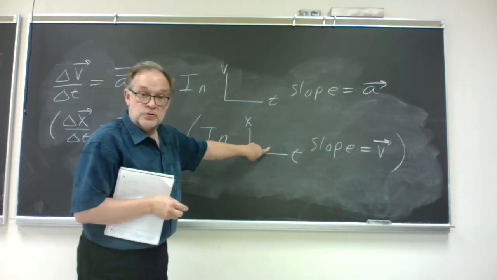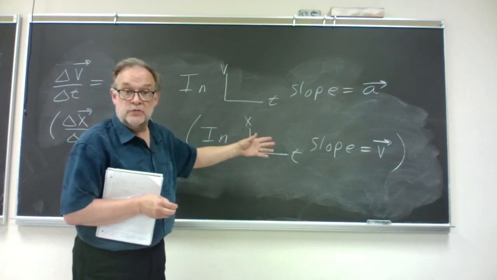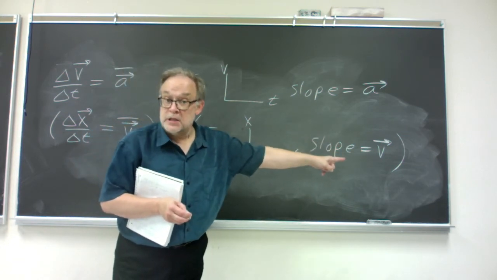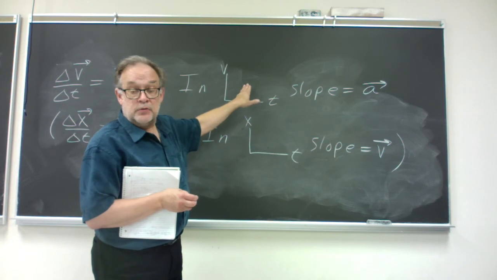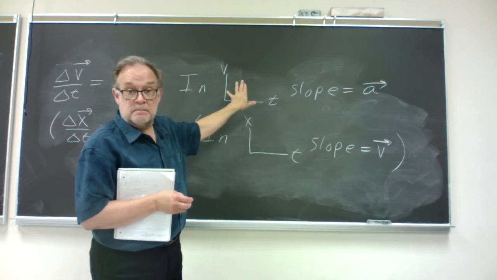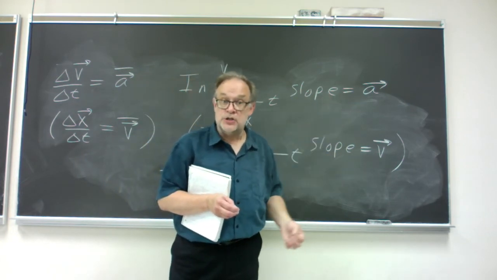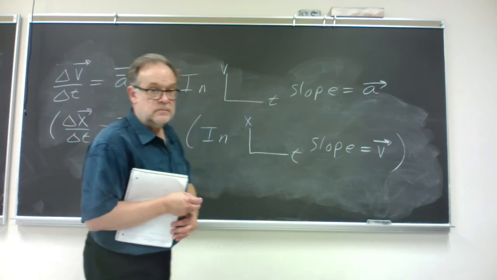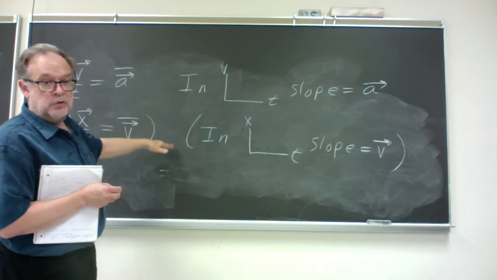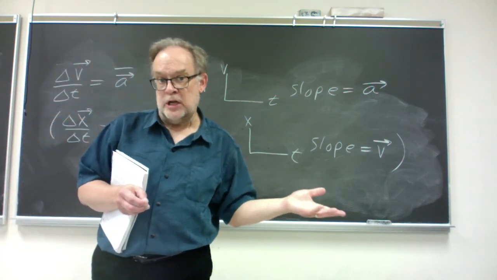In the position versus time graph, slope of the position line tells you the rate of change of position. Rate of change of position is what velocity is. In the velocity versus time graph, slope gives you the rate of change of velocity, but rate of change of velocity is just what acceleration is. So you see, there are a lot of parallels between acceleration and velocity because they're both measuring the rate at which something changes.